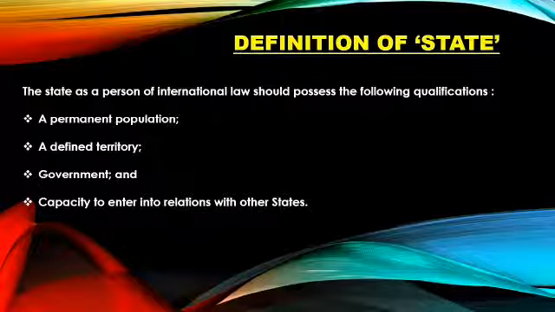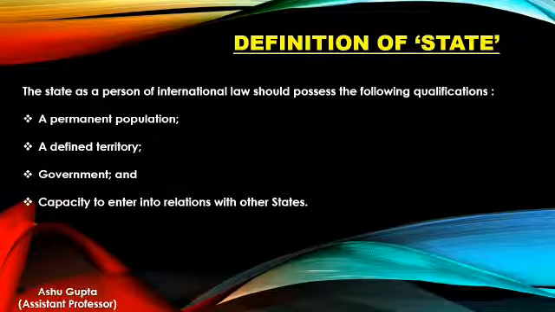And then the second part is a defined territory, wherein the requirement of a permanent population is intended to be used in association with that of territory. What is required by a defined territory is that there must be a certain portion of land inhabited by a stable community.